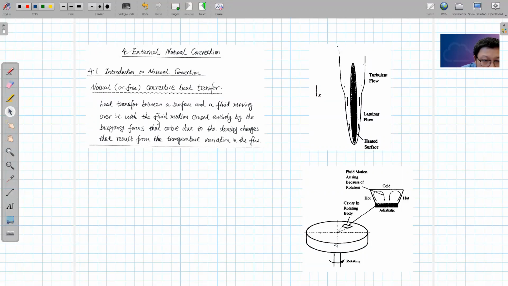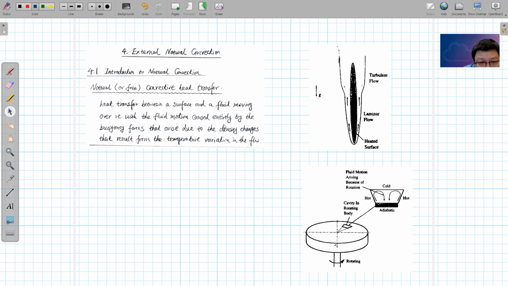So here is the definition of natural convection. Basically, the fluid motion is caused entirely by buoyancy forces. And these buoyancy forces arise due to the density changes of the fluid, which result from temperature variations in the fluid in the gravity field.